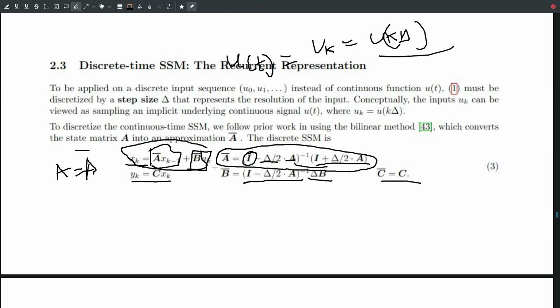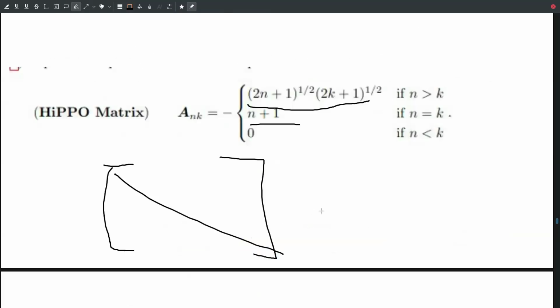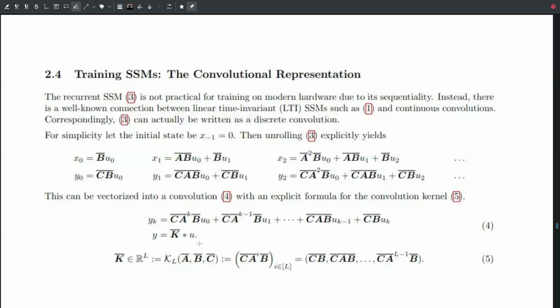But if you keep doing these recurrent computations back to back, you could eventually put them into one tensor and just multiply with x. That's what they call the convolution filter in S4 models.